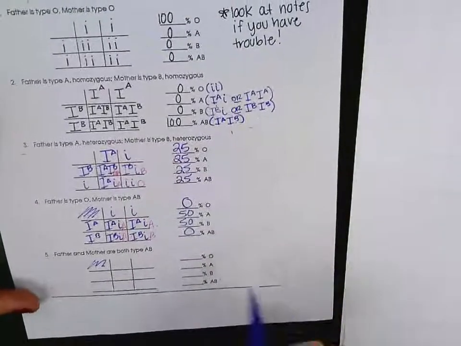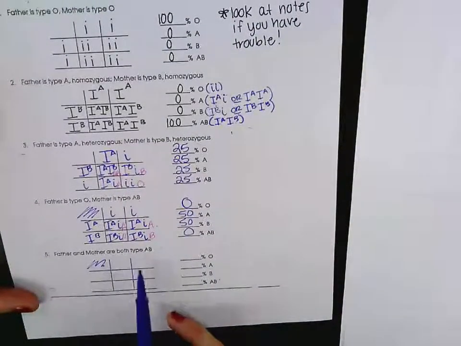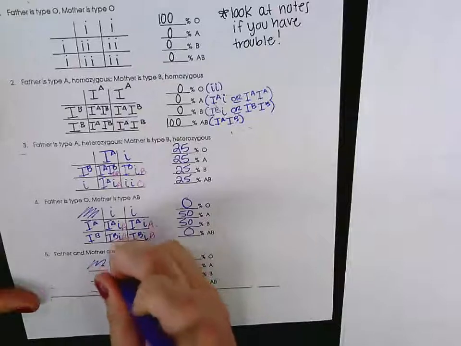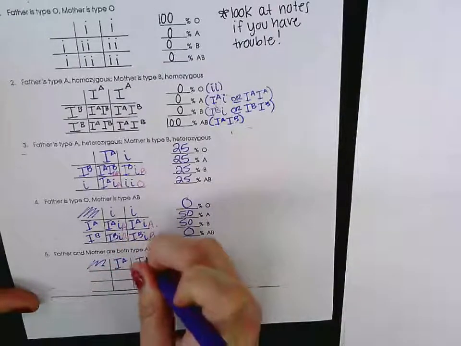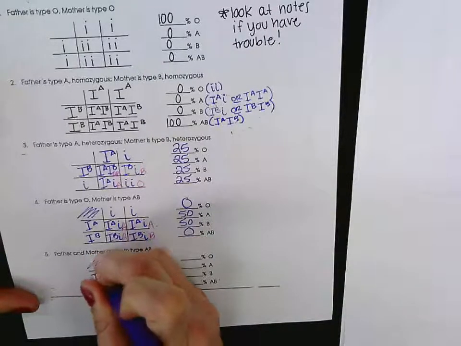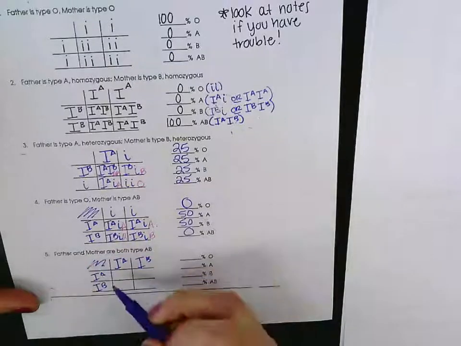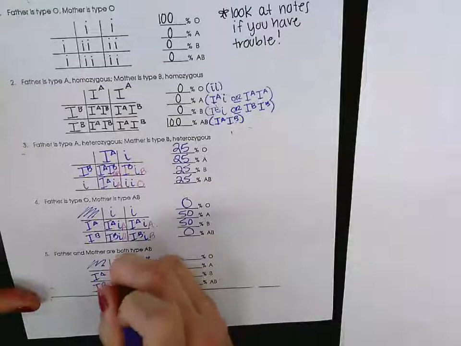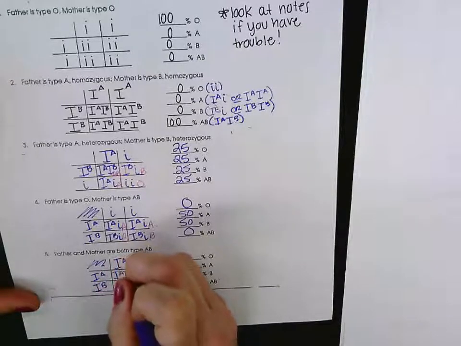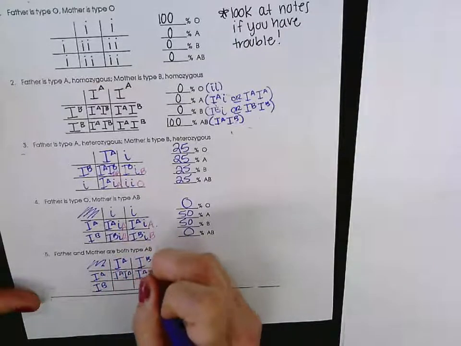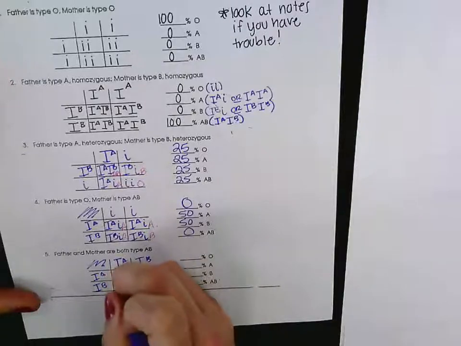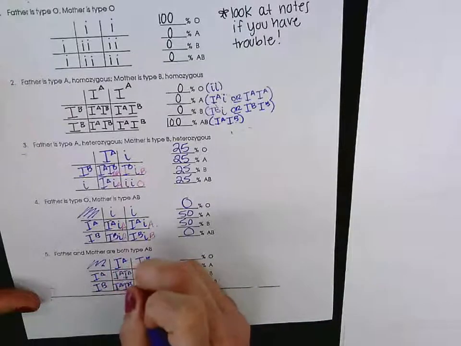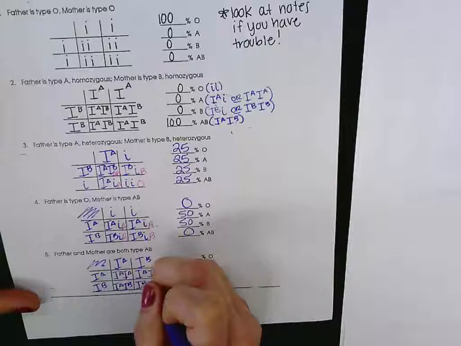Last but not least on this page, we've got a father and mother that are both AB. So both of them are going to be I^A I^B. Remember, each parent donates one allele, and that's why we're going to separate these and not put AB in the exact same square. So we're going to go ahead and fill those out. We've got I^A I^A, I^A I^B, I^A I^B, and I^B I^B.